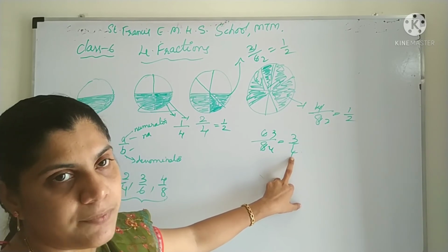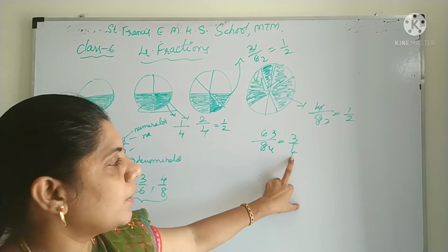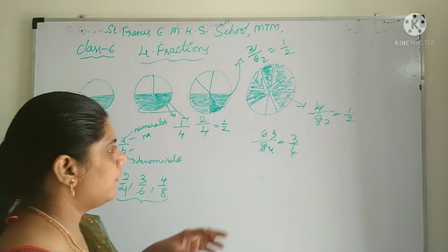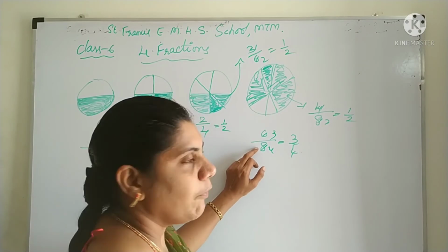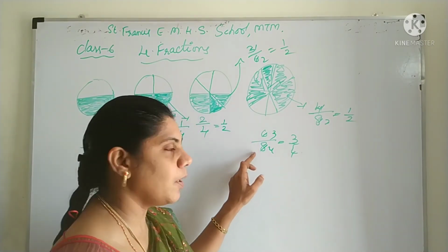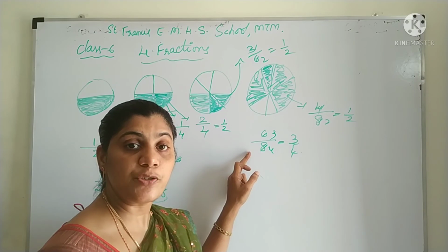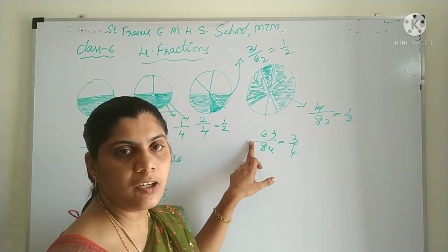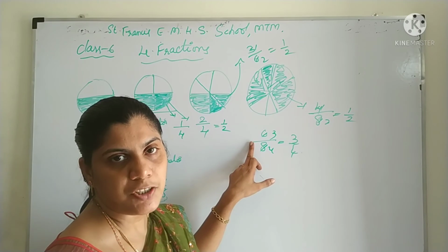With the 1 table only it will go. So only then can we call it a simple fraction. If the numerator and denominator have one and only one common factor, which is 1, that fraction will be called the simplest form of the fraction.